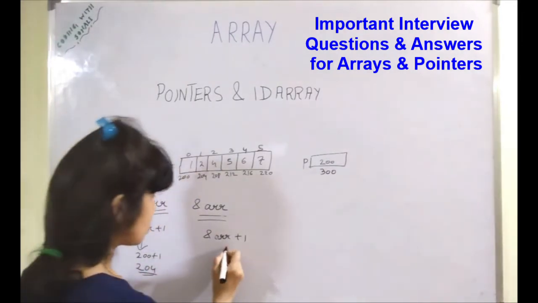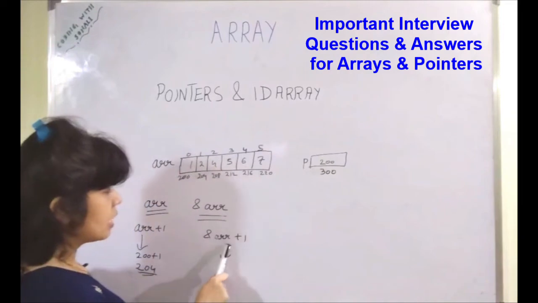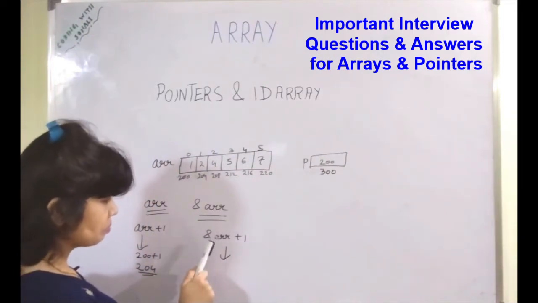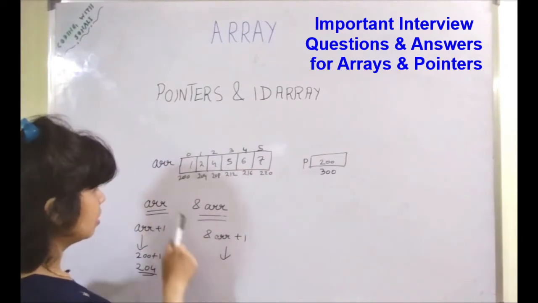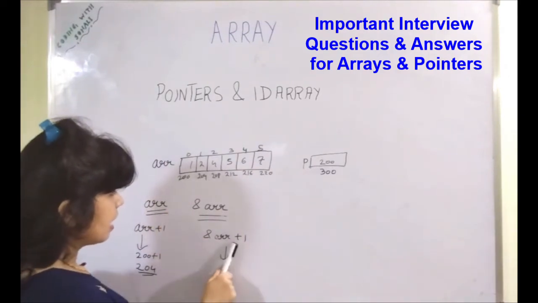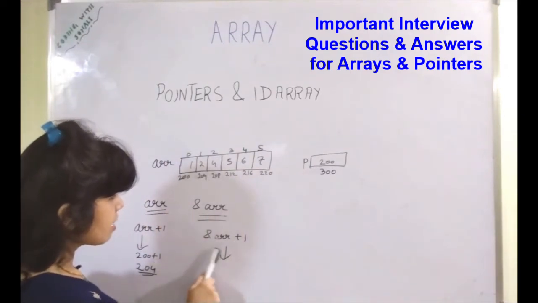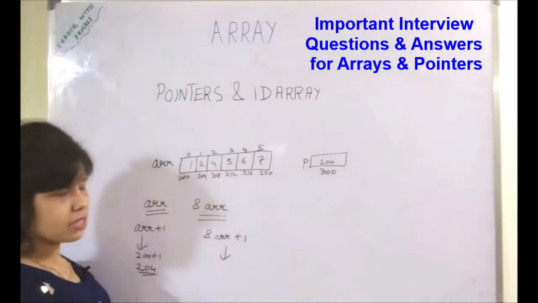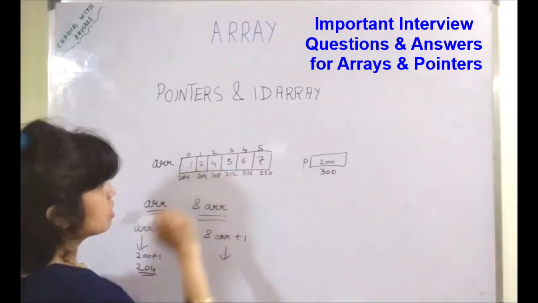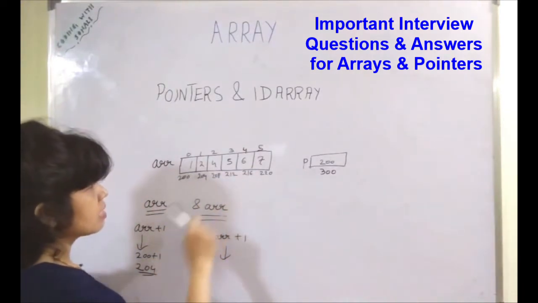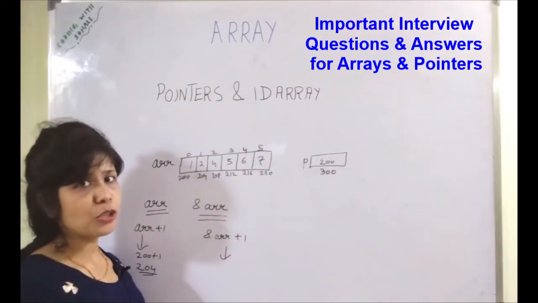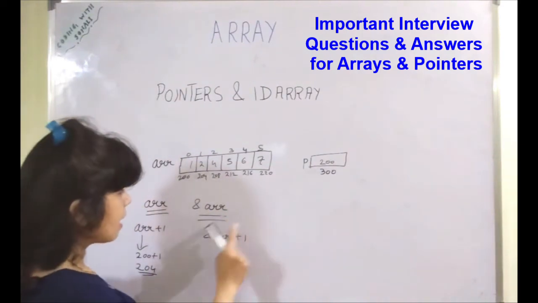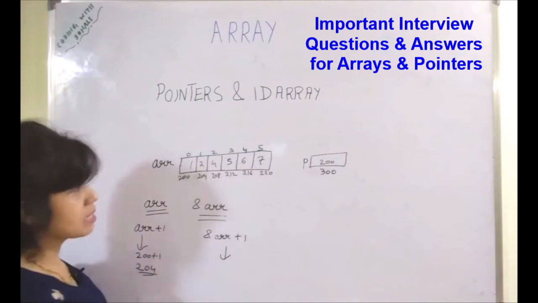But in the case of ampersand ARR, what will be the scenario? It will add to the address of the whole array. How many elements are present in this array? You can see a total of 6 elements. So 6 into 4 is 24, right? Therefore it will add 24 to this base address.